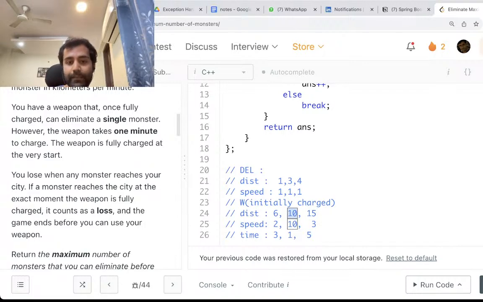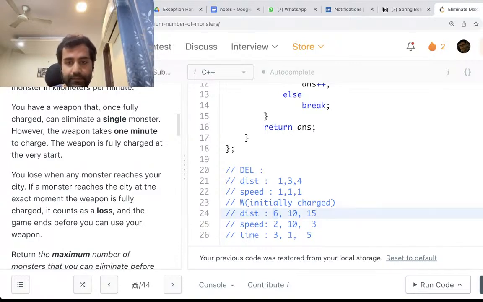When you wait for 1 minute, the distances of the other monsters would be updated. So this monster was initially at a distance of 6 kilometers, and now after 1 minute of time it will be at a distance of 4 kilometers.